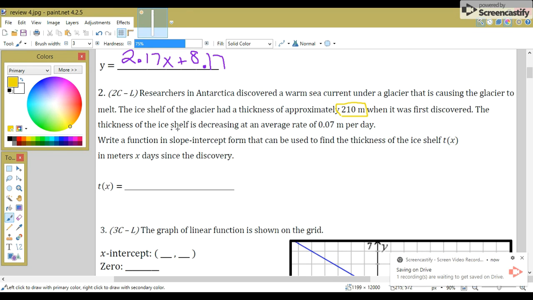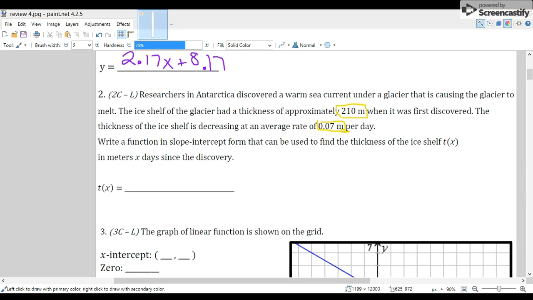The thickness of the ice shelf is decreasing at an average rate of 0.07 meters per day. Write a function in slope-intercept form that can be used to find the thickness of the ice shelf, T of x in meters, x days since the discovery.